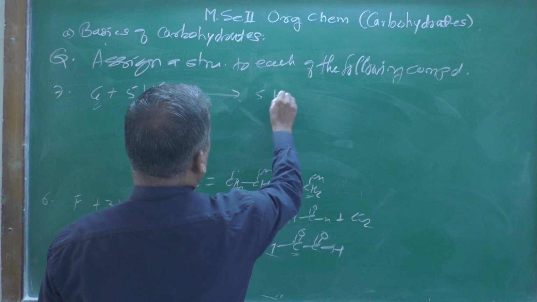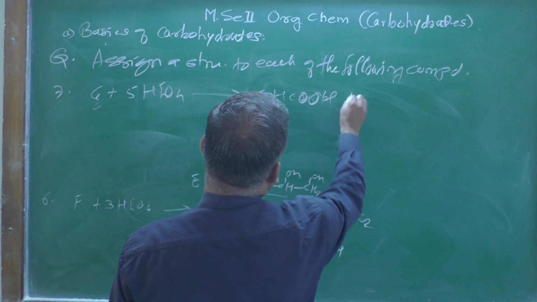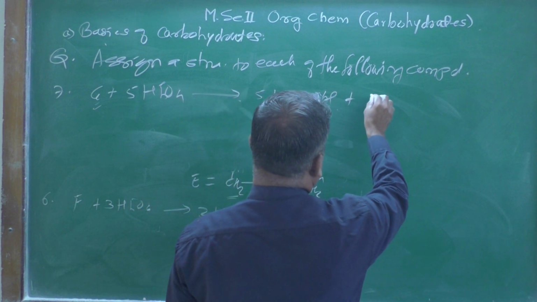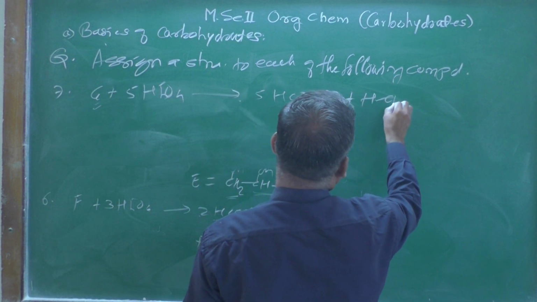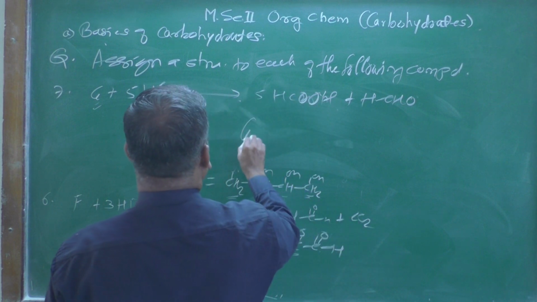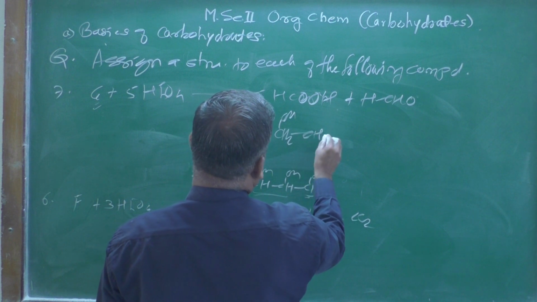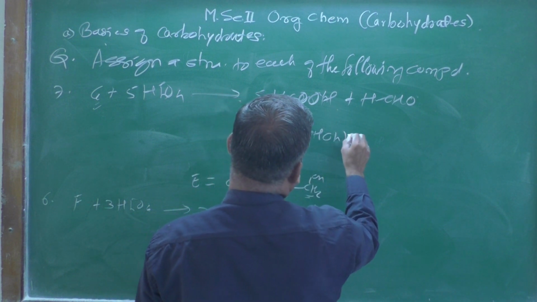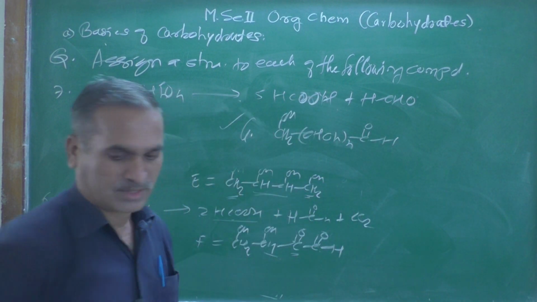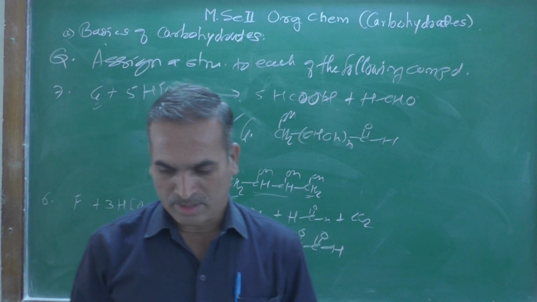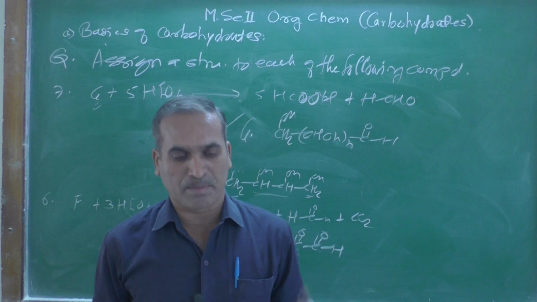It gives 5 moles of formic acid and 1 molecule of formaldehyde, HCHO, and therefore the structure of G would be this one: CHOH 4 times and C double bond OH. This is the structure, which is nothing but an aldehyde, right?